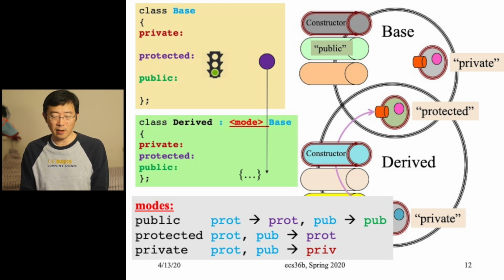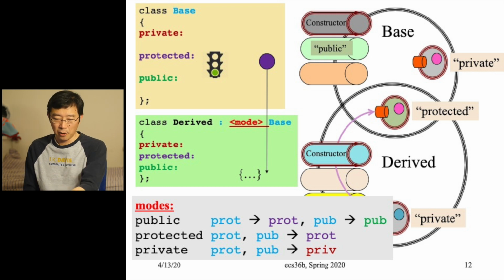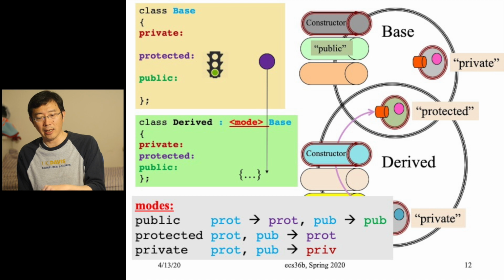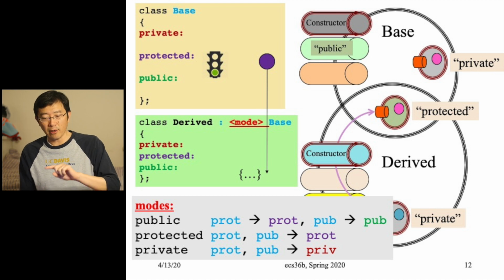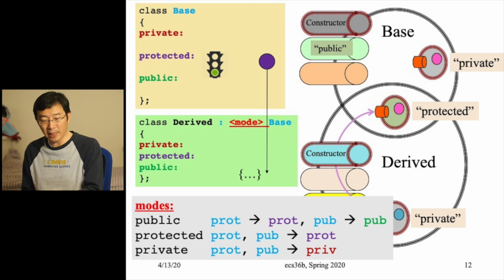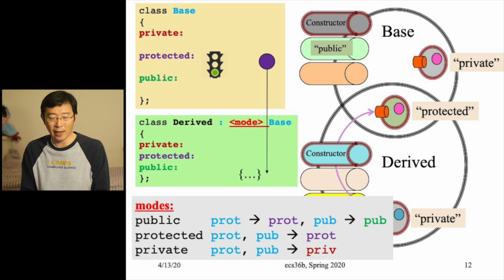So for example, in this picture, if you decide to be public, then whatever in the base class is protected is going to be protected in the derived class. Whatever is public in the base class is going to be in the public region in the derived class. Okay, so that's if you define it as public.